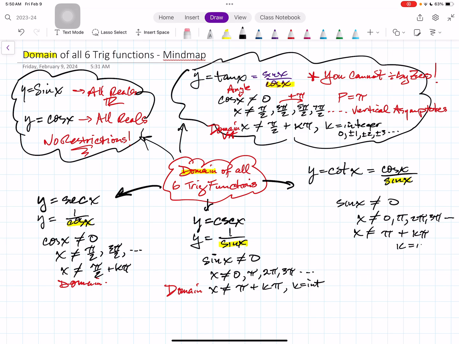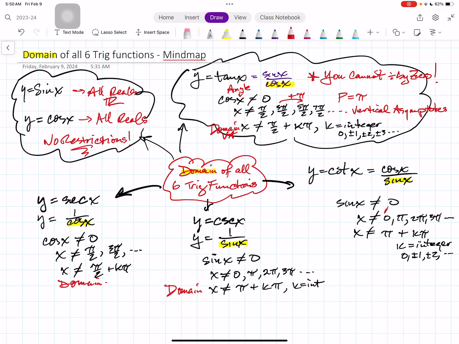And then you always have to specify k because there's many different types of numbers out there, and k has to be an integer in this case, like plus or minus 1, plus or minus 2, plus or minus 3, including 0. So 0, plus or minus 1, plus or minus 2, etc. All right, it's not a rational number, k is an integer, and it's not just a counting number. It could be negatives too. All right, so just keep that in mind. And so the domain of the cotangent function is all reals except these values.